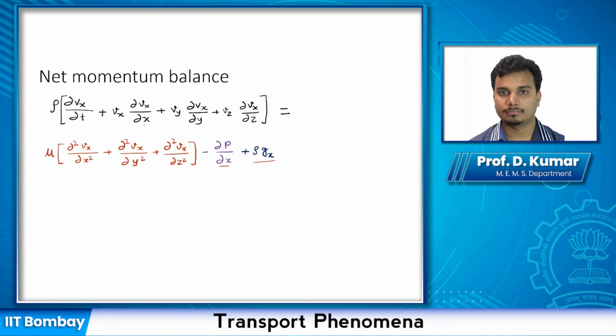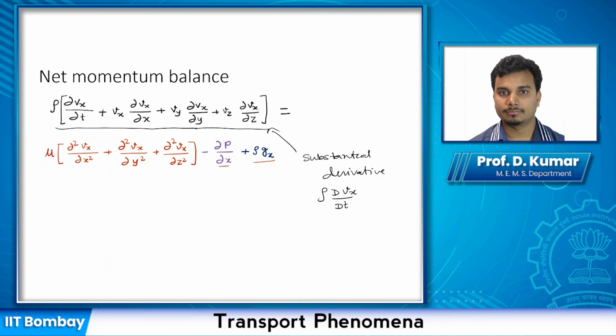So I would just like to introduce a term here, which is called the substantial derivative. To represent this thing as one term, what you call the substantial derivative, you then write as rho D. In this case, we are talking about the substantial derivative of dvx by dt. You generally represent it by capital D by dt.